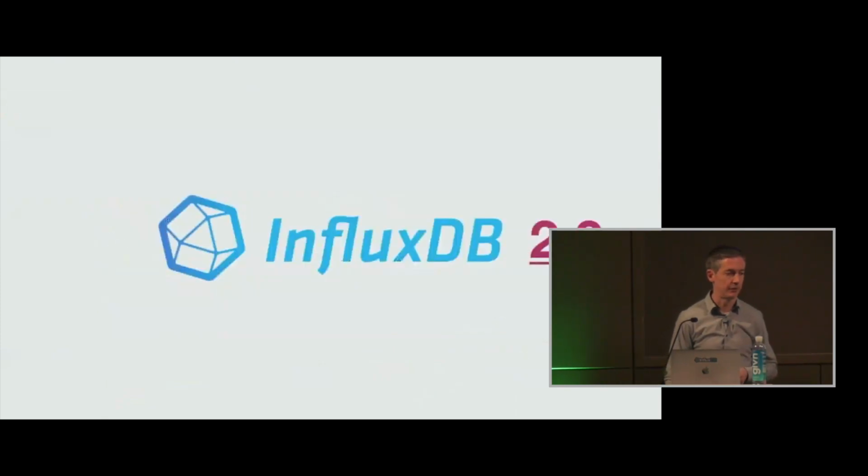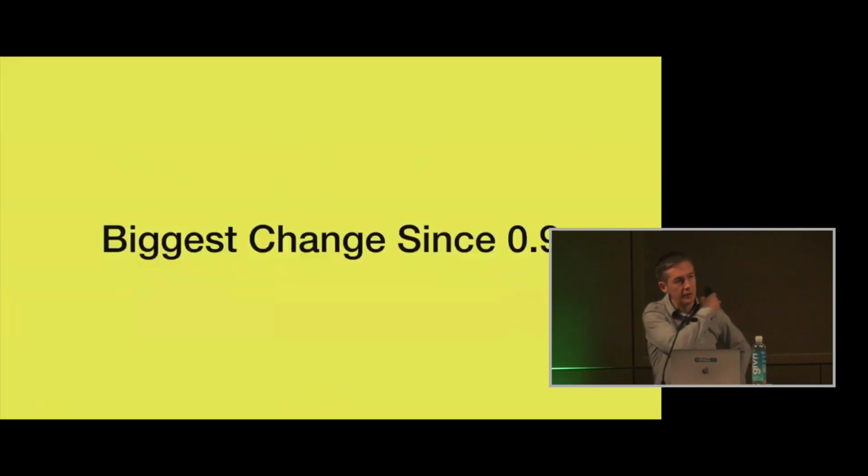So now let's talk about InfluxDB, specifically 2.0. 2.0 represents the biggest change that we've made to the database since we went from version 0.8 in November of 2014 to 0.9, which wasn't released until June of 2015.